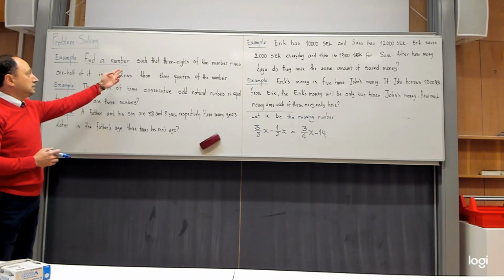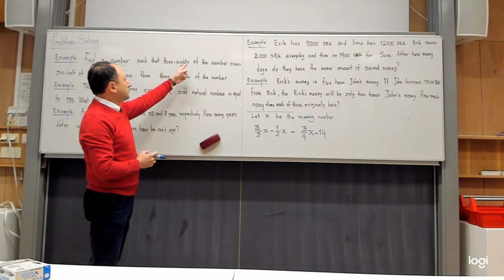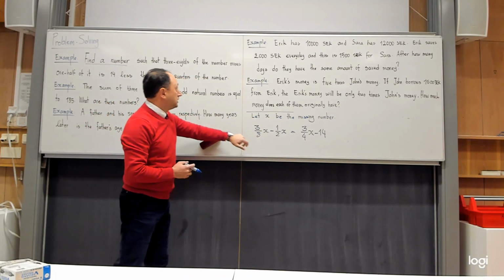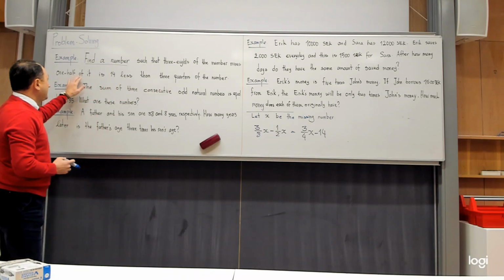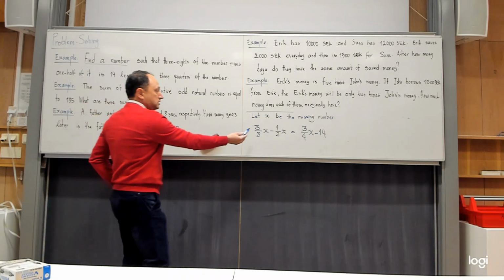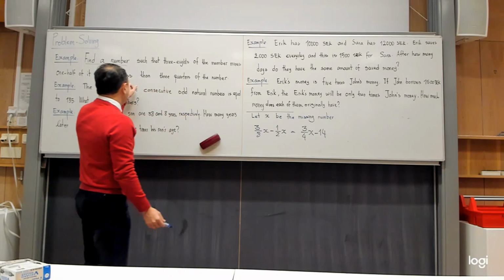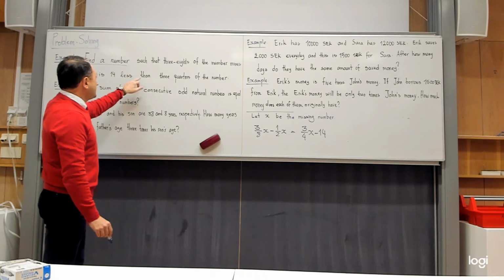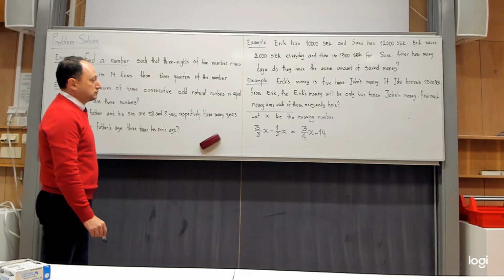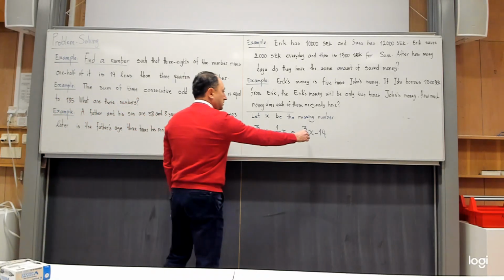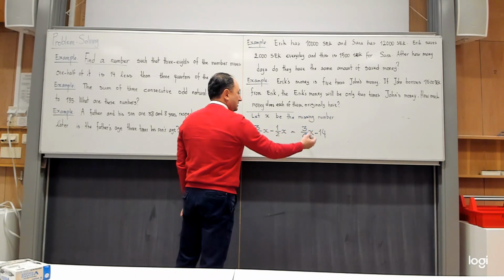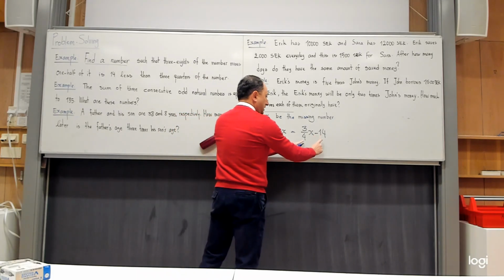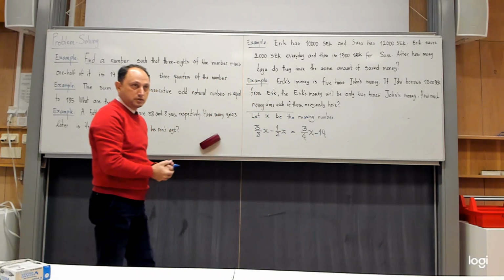But then by reading this, 3/8 of the number is this one, 3/8 of that number, minus 1/2 of that number, is 14 less than 3/4 of the number. Yes? 3/4 of the number is this one, 14 less than that is this one. So it means that if you do this and if you do this, according to the problem, they are supposed to be equal.